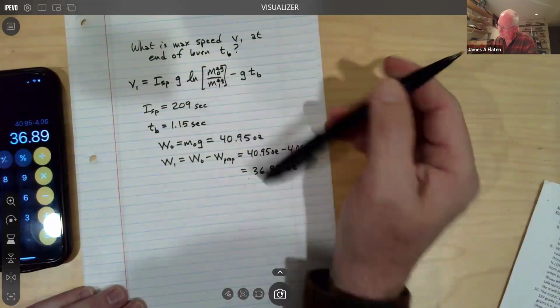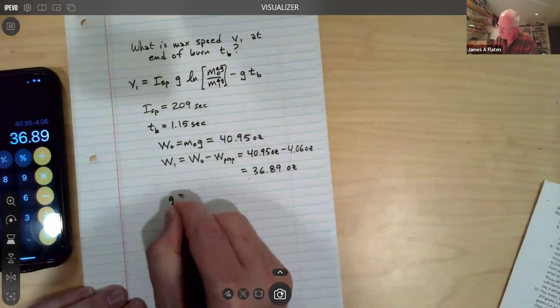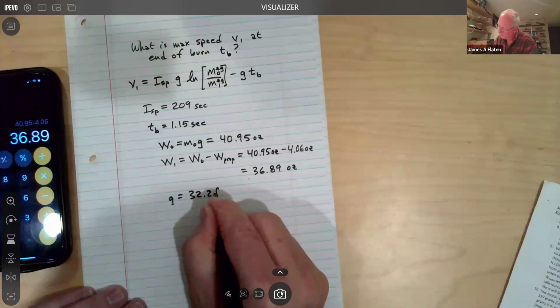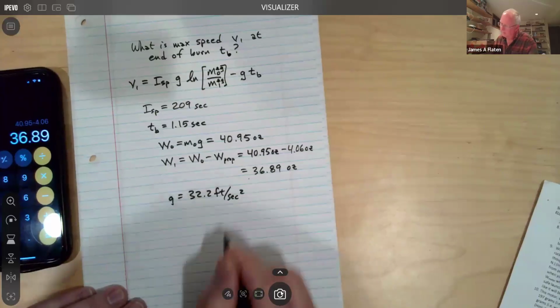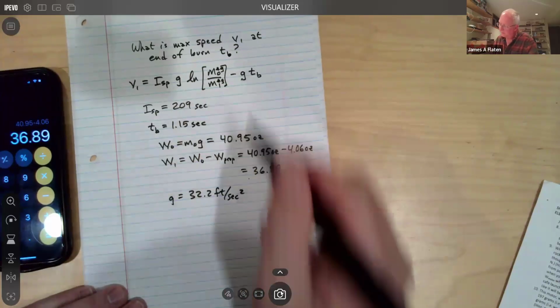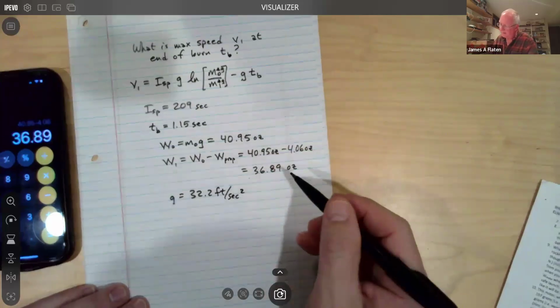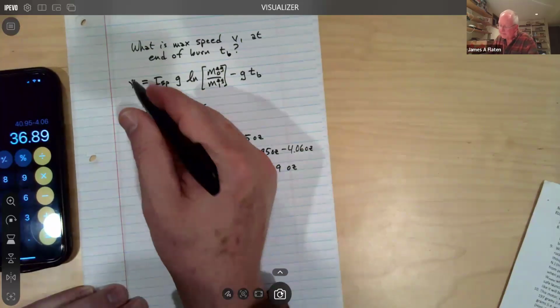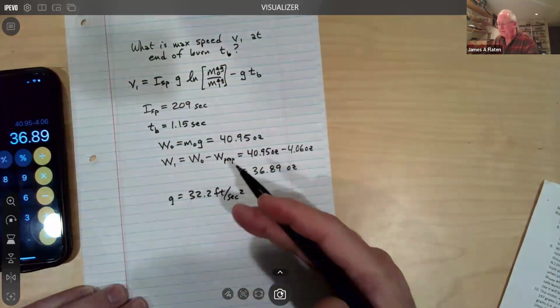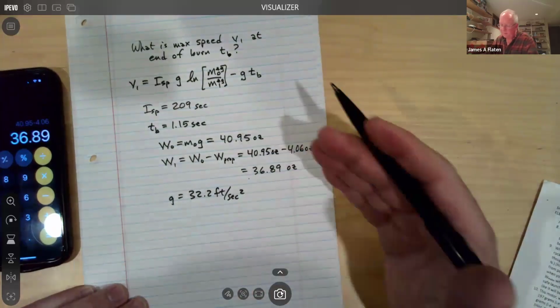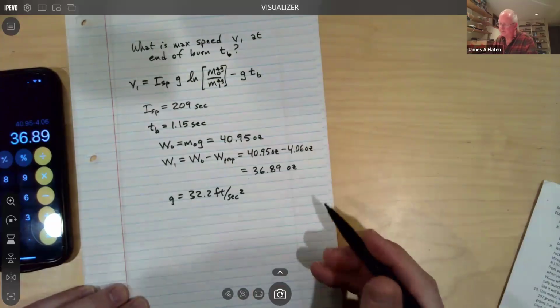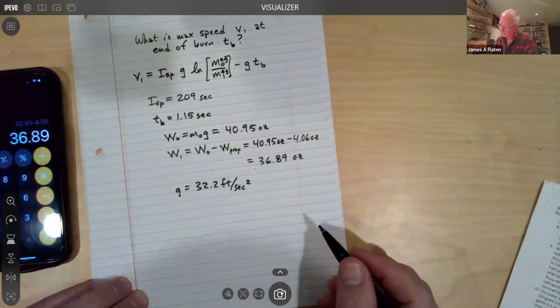I have G ready to go: 32.2 feet per second squared. I have ISP in seconds and time of burn in seconds. I'm expecting my speed to be in feet per second, or if I was doing metric, meters per second. Let's watch for feet per second in this case.